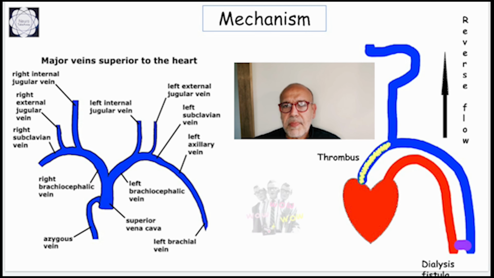So the only place that we can imagine an obstruction to produce all this clinical radiological picture is at the level of the left brachiocephalic vein.